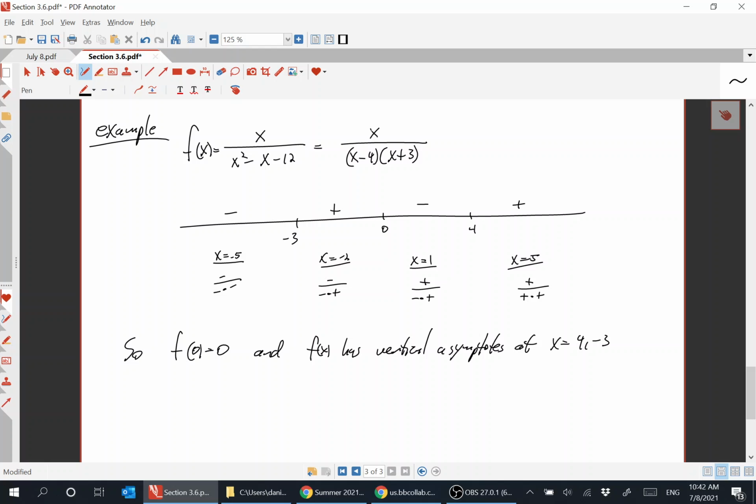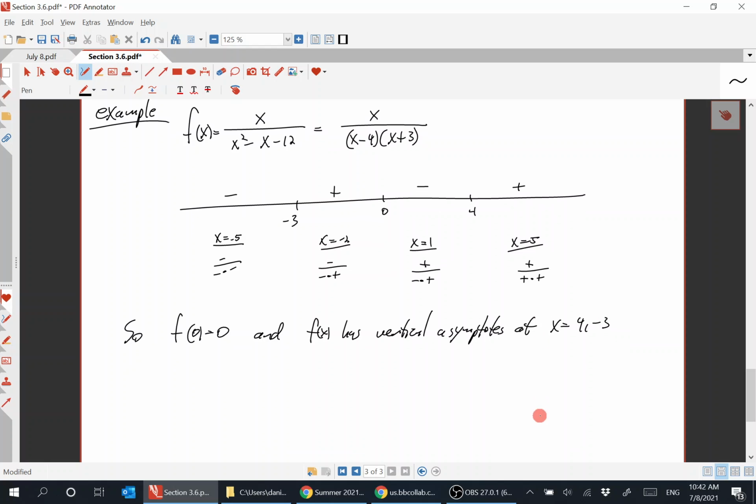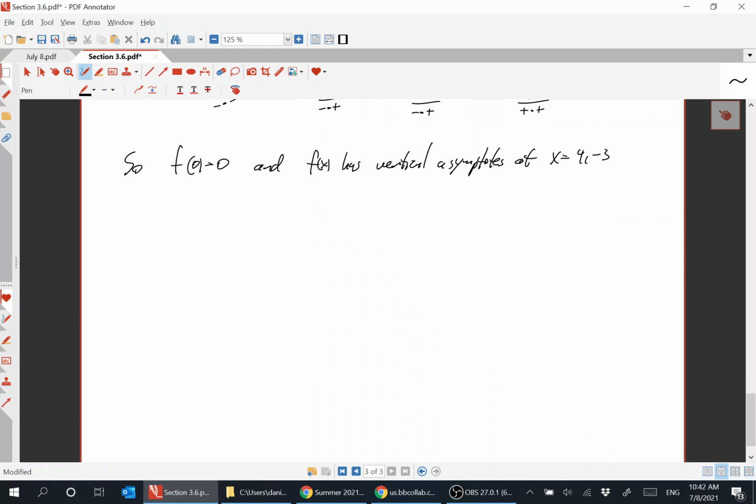Now, of course, 4 and negative 3 are not part of the domain, so they're actually not part of the graph. It's just a feature of the graph that happens at these points. The graph doesn't use 4 and negative 3 in its domain.